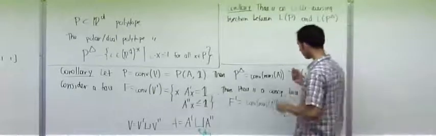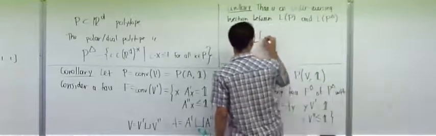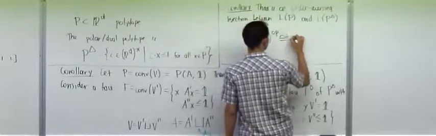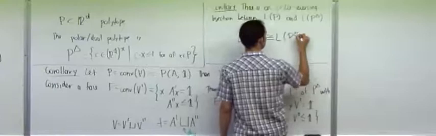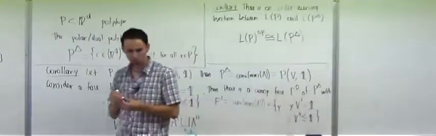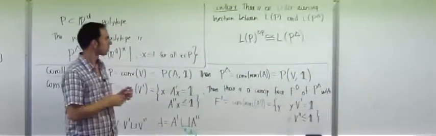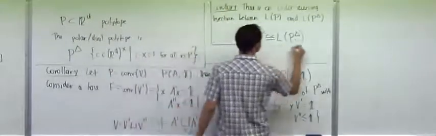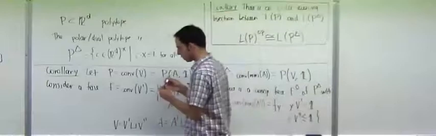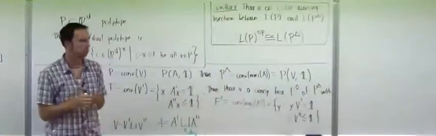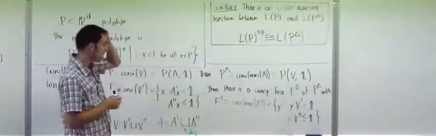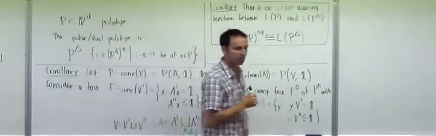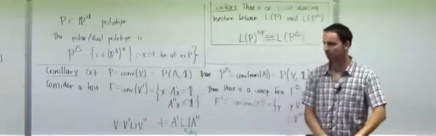In other words, L of P opposite is isomorphic to L of P dual. Which is one of the main and most important results about the polar polytope. Any questions about that? Are you guys happy with this?